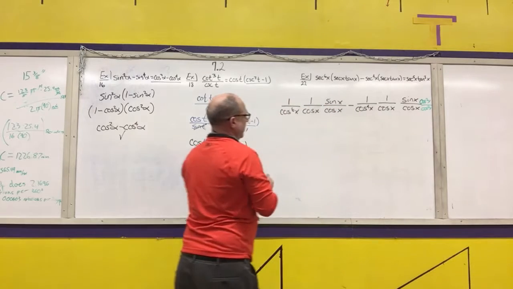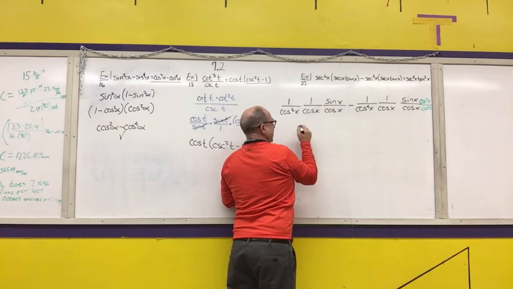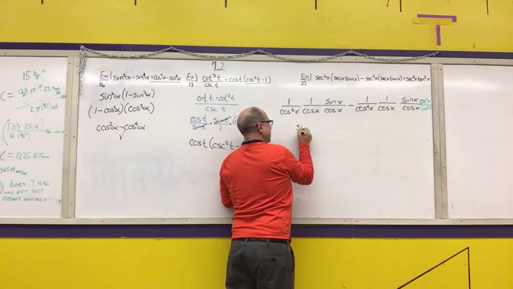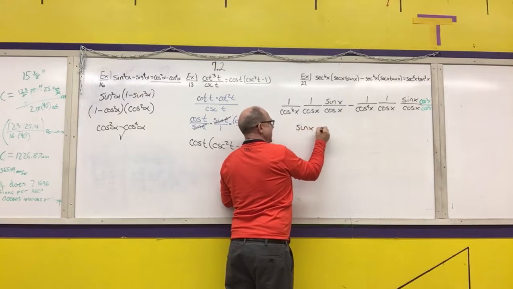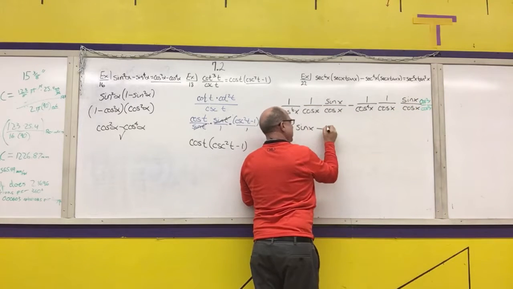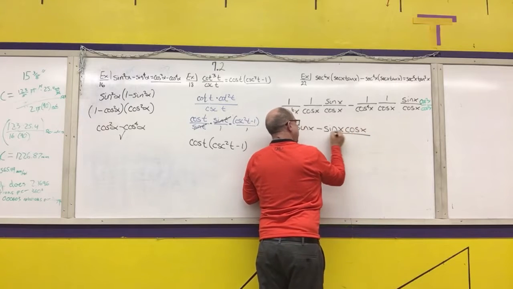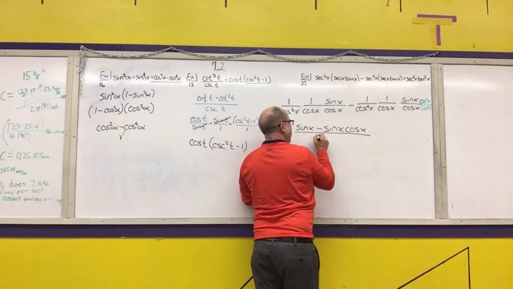So what this is going to give me is 1 times 1 times sine is sine x minus sine x cosine squared x over cosine to the 8th.